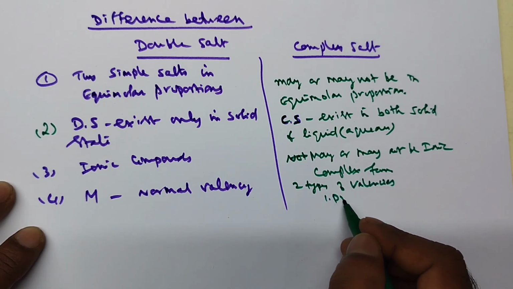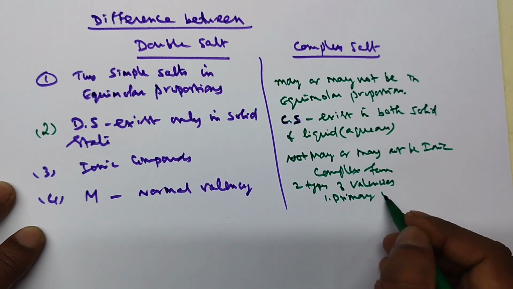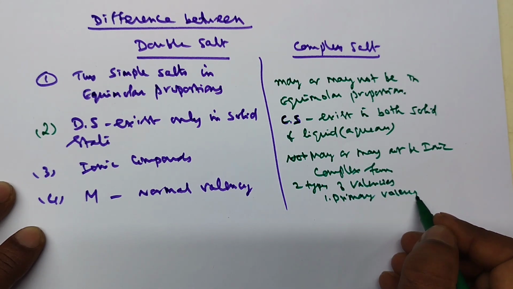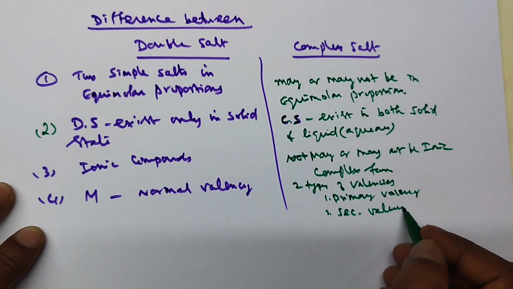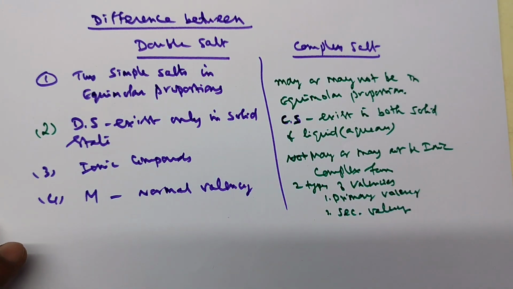One is a primary valency, another one is a secondary valency. That we will discuss in the concepts. Just now we know only the differences between double salt and complex salt, a few points.